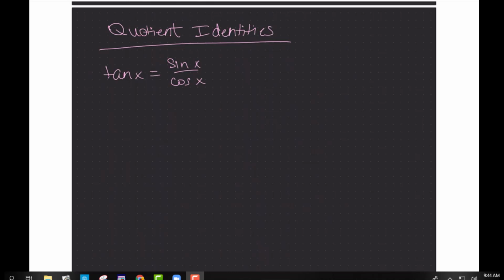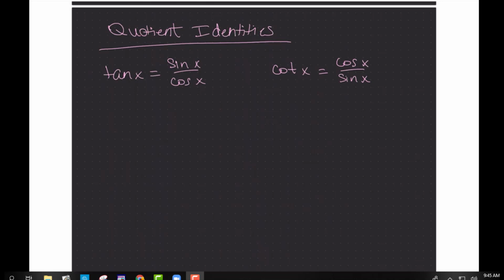Yeah, remember that? Yep. So what would the cotangent of x be? Cosine x over sine. Look at you, rock stars. Yep, cosine of x over sine of x. Good job. Awesome. Not too bad.